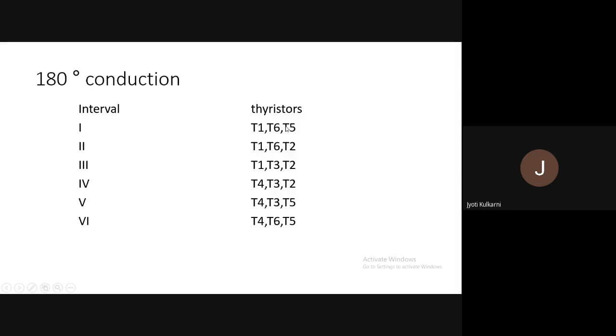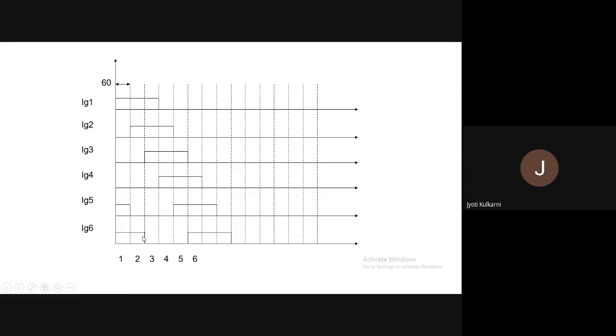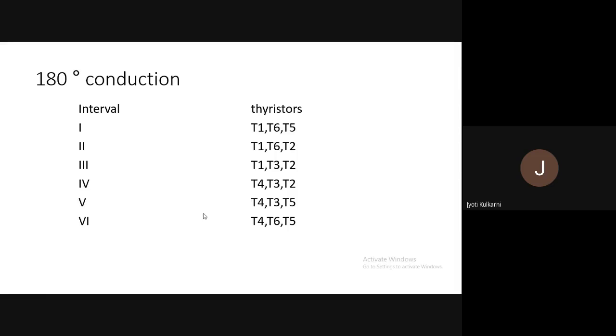Okay? Now interval number 2. In interval number 2, which devices are in conduction mode? First, second, and 6. How will I denote them? First is connected to the A branch, 6 is connected to the B branch, and second is connected to the C branch.